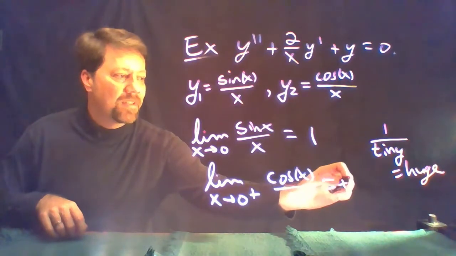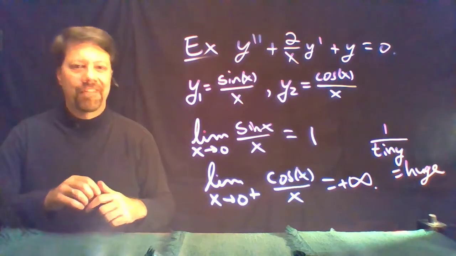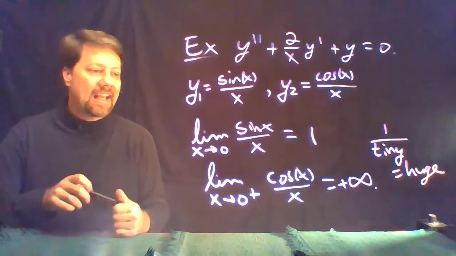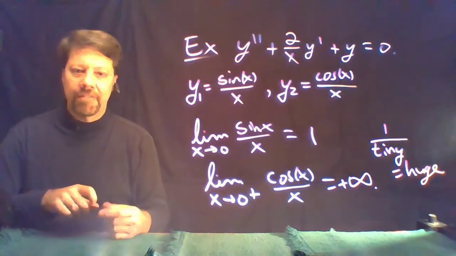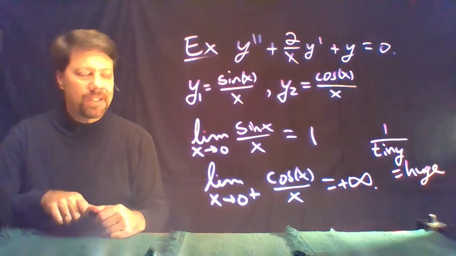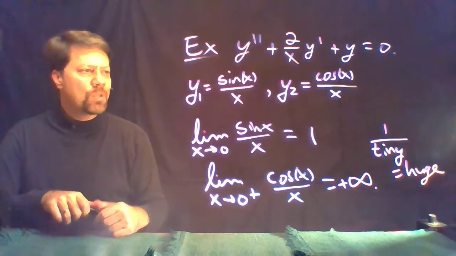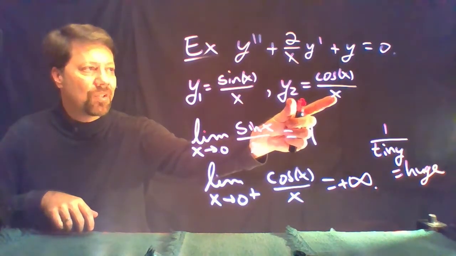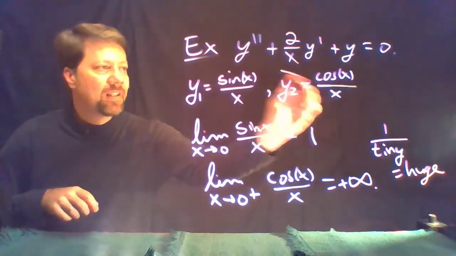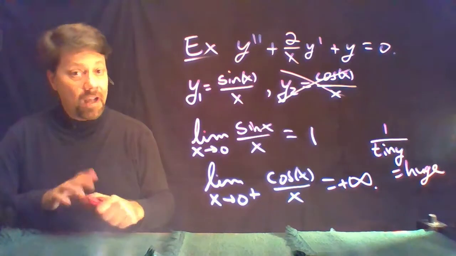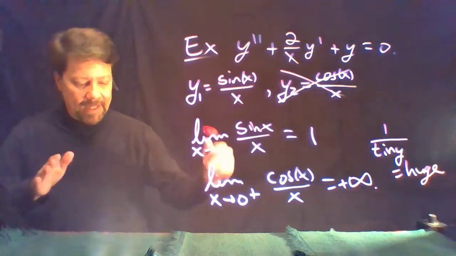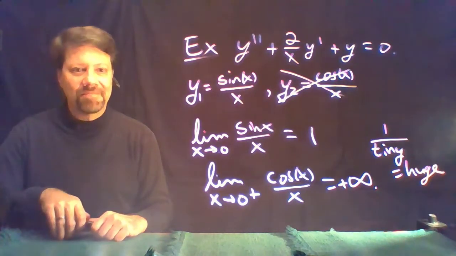And this limit is positive infinity. It has an essential singularity. It cannot be removed by just defining the function value to be finite at one particular point. Which means that in terms of physical applications, the second solution, cosine x over x, is physically invalid, not mathematically invalid, physically invalid, because it has an essential singularity.